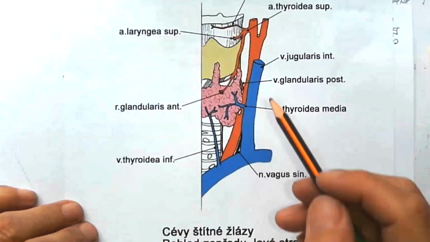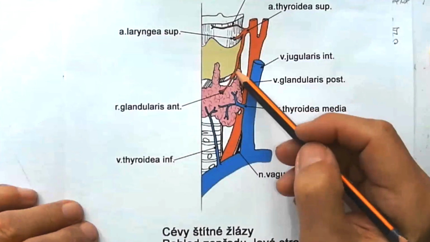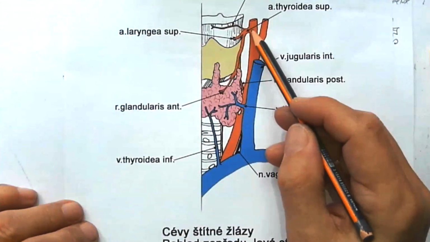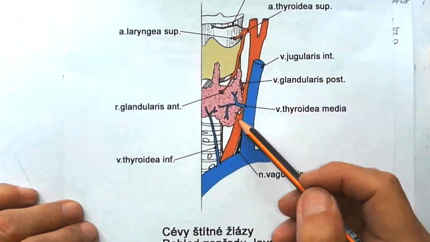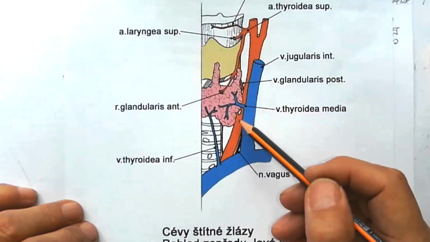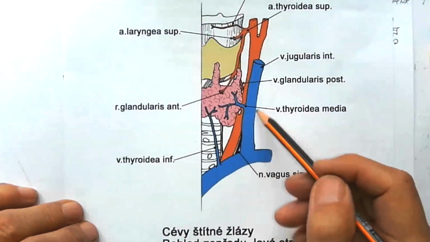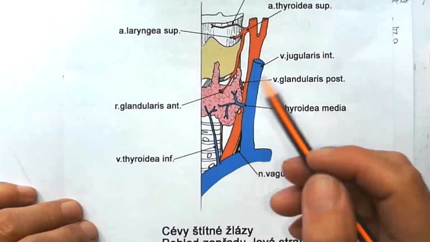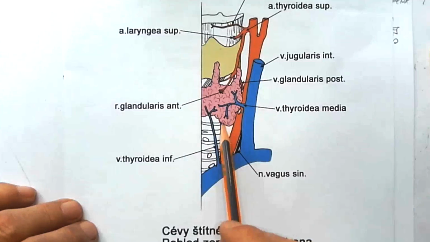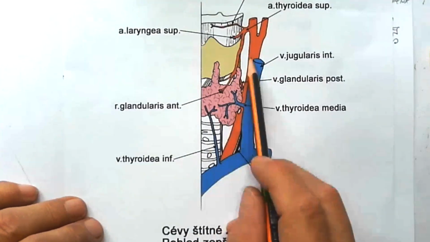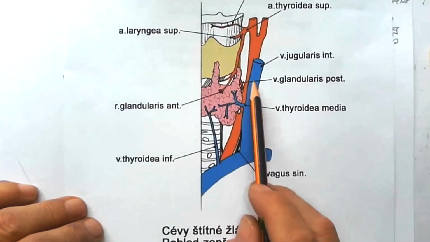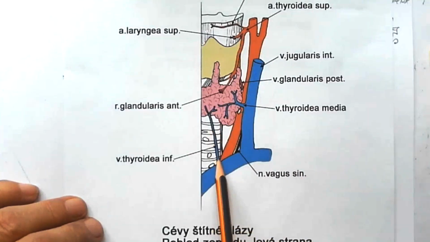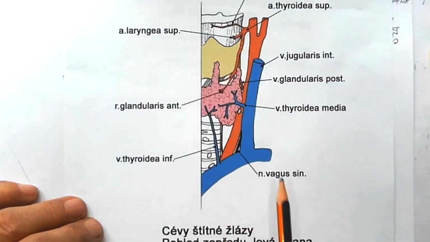Here you see the superior thyroid artery coming from the external carotid. Here is the inferior thyroid from the subclavian, but we don't see that branch of the subclavian. They are just small interconnections. Here we see the veins. This must also be the superior vein, media and inferior veins are seen here. We call them inferior or impar.